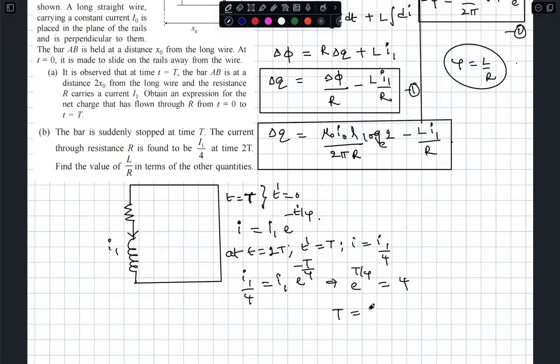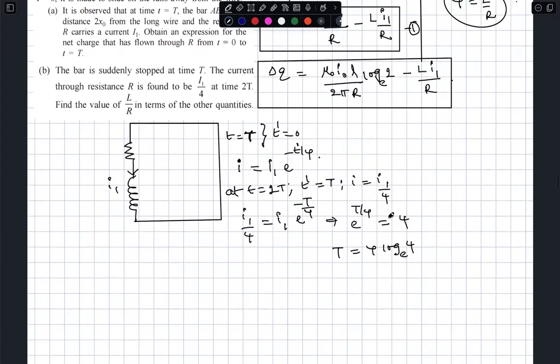So T is tau times log of 4. What do you want? The L by R term. T is L by R times log 4. So finally, L by R is nothing but T by natural logarithm of 4.